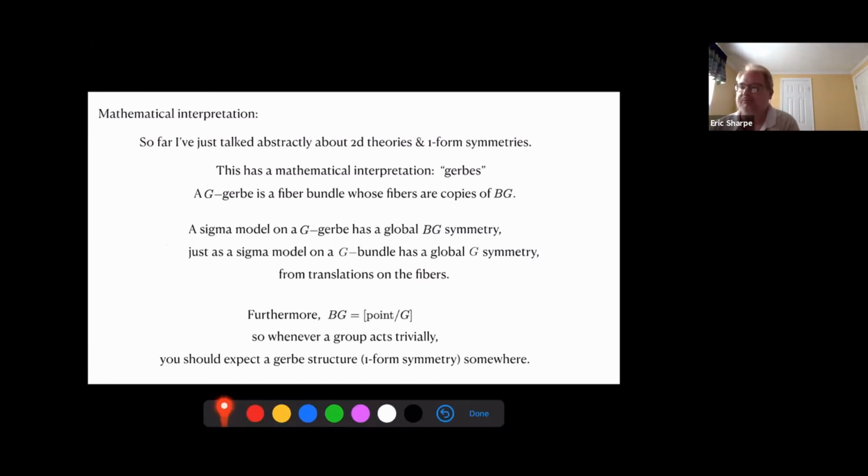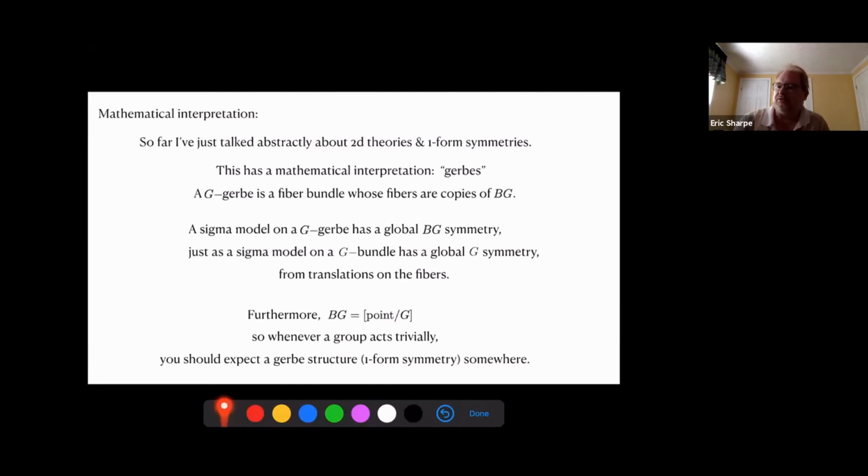As I mentioned very briefly earlier, a G-gerbe is basically a fiber bundle where the fibers are copies of that group of one-form symmetries. Furthermore, a sigma model on a G-gerbe should have a global BG symmetry, just as a sigma model on the total space of an ordinary G bundle would have a global zero-form G symmetry from translations along the fibers.